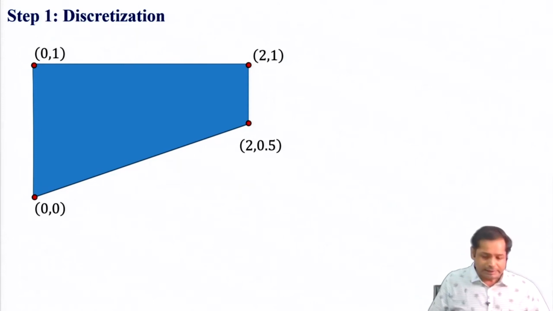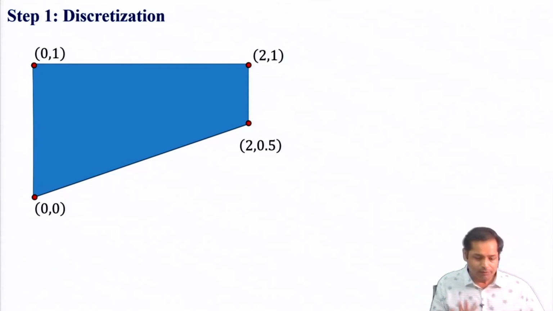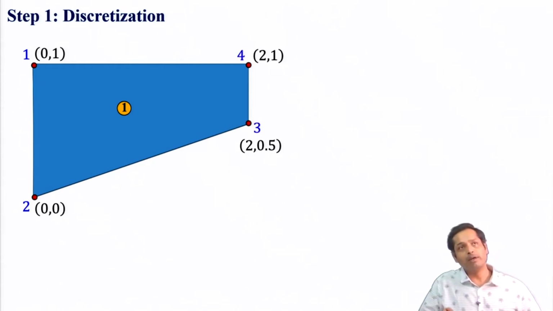Now, this is the one quadrilateral element. This is element number 1 and these are our node numbers 1, 2, 3, 4. This node number is the local, element level node number, and the global node number will be the same because we have just one element.